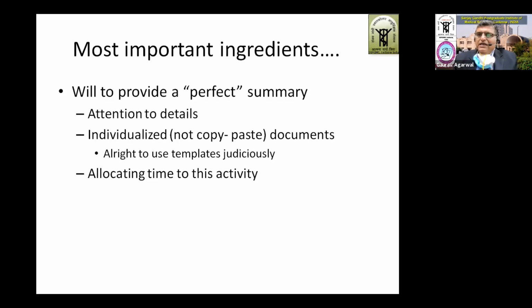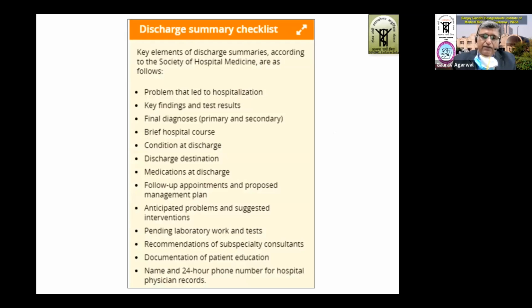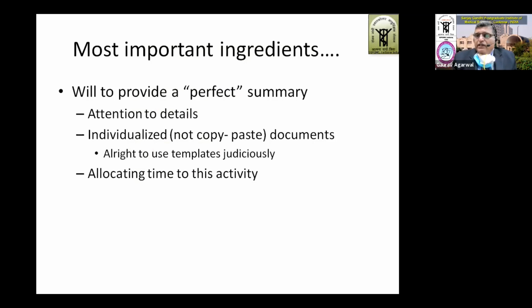All the specifics in the discharge summary must be given due consideration, and the discharge summary must be adequately detailed. All these things can be done only when you have allocated sufficient time to this activity. And one good way of doing this is do not prepare the discharge summary right at the time when the patient is about to be discharged.